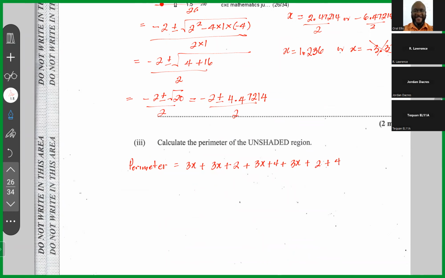All right, those are all the sides of the unshaded region. This works out to be 12x plus 12.